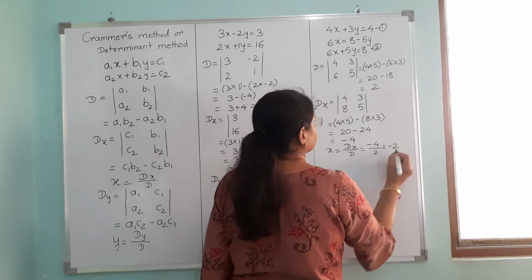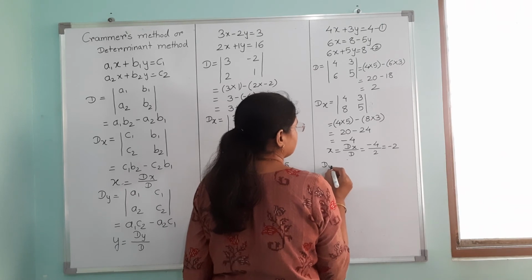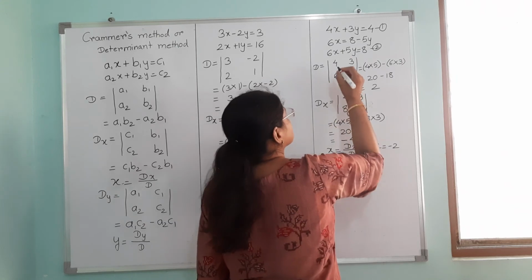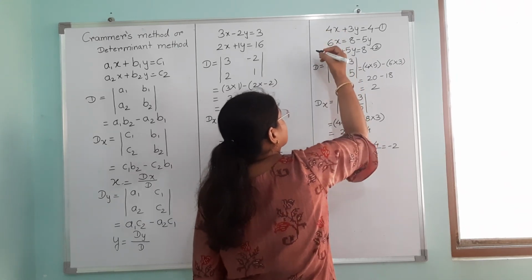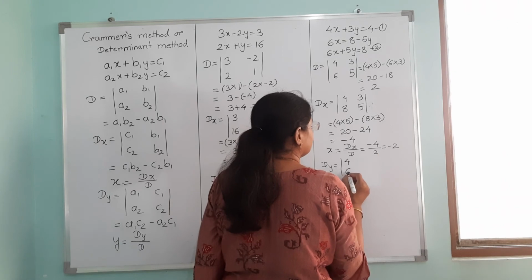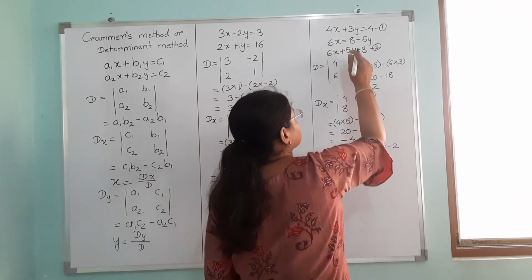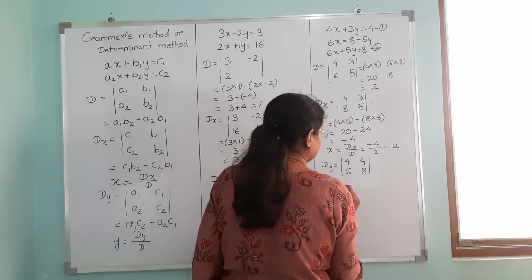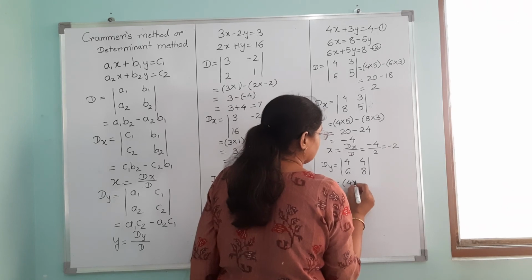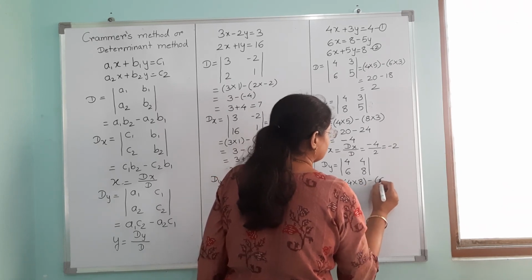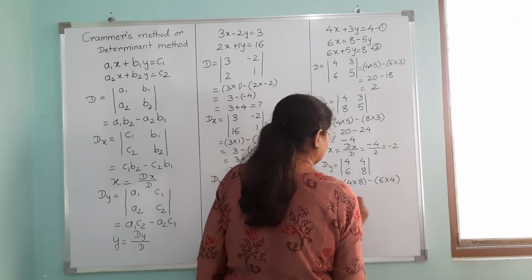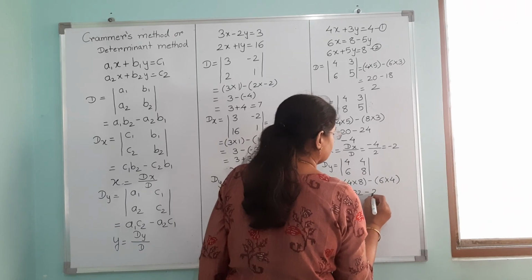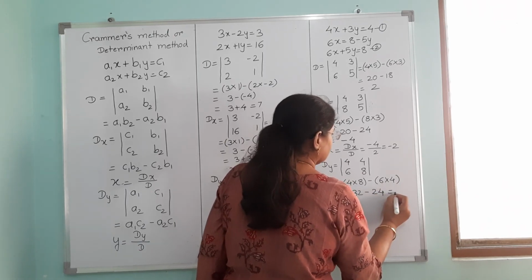We get minus 2. For solving the value of y, we have to form the determinant dy. Now the x coefficients should be kept as they are and the column of y coefficients should be replaced by the constants. So let us solve this, 4 into 8 minus 6 into 4. 32 minus 24, we get 8.